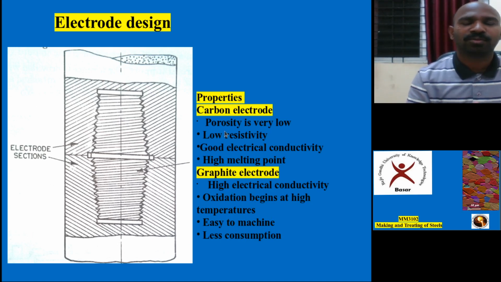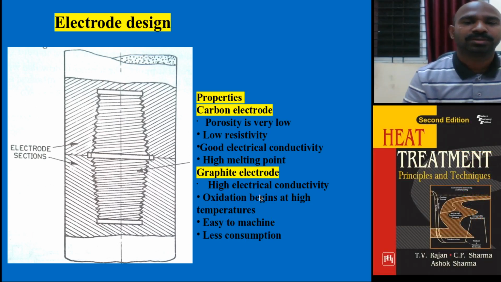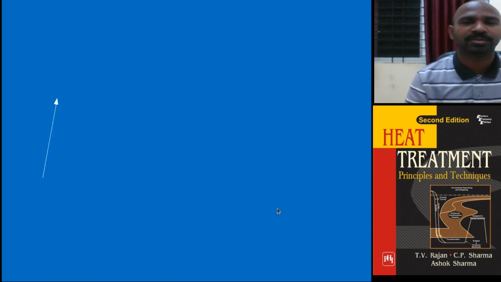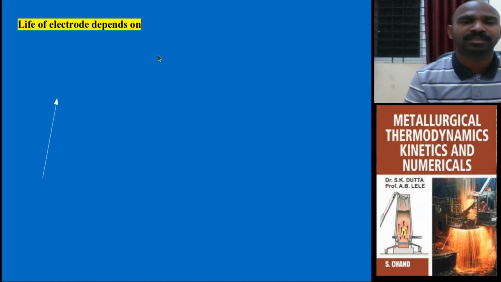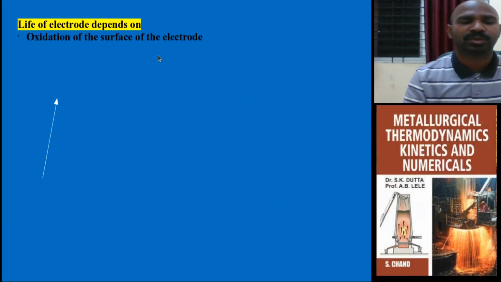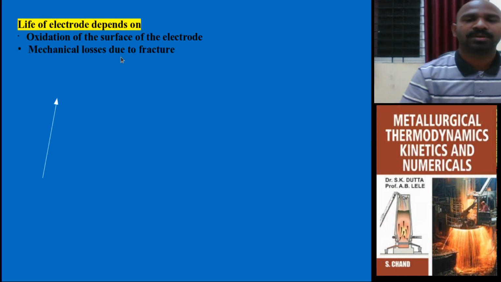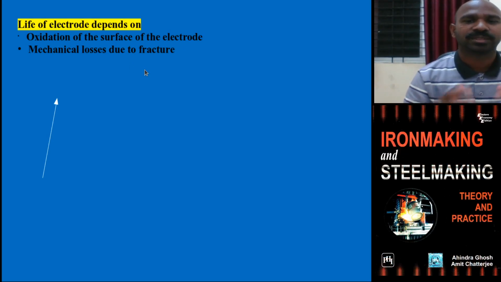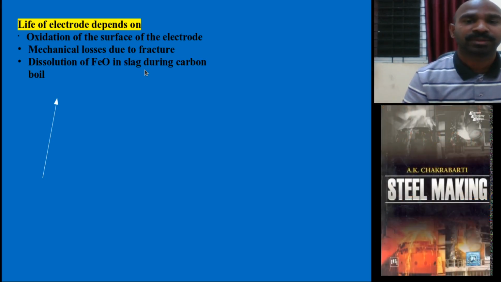Over all, of these two, graphite is chosen as the better electrode. Coming to the life of the electrode, it depends upon various parameters such as oxidation of that particular electrode surface, mechanical loss due to tilting and compressional forces and tensile forces, and dissolution of FeO in slag.